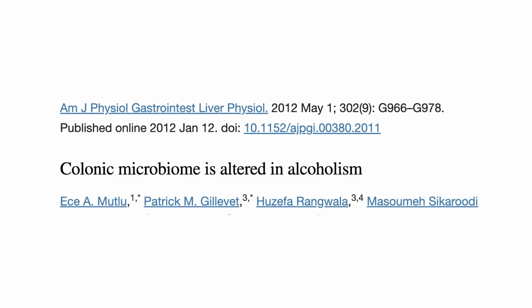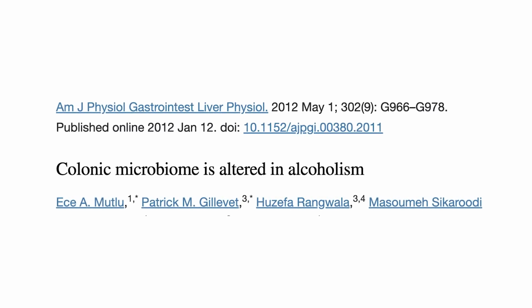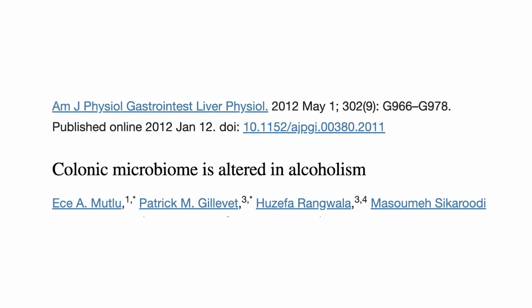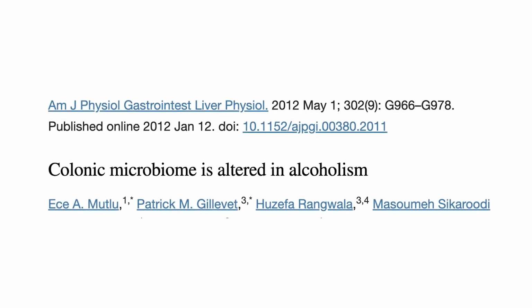Now, if you're wondering about another reason why this could be, we're going to get even deeper here. This could be the impact that it's having on our microbiome. A study cited in the American Journal of Physiology found that microbiome dysbiosis is significantly more prevalent in heavy alcohol drinkers. The researchers discovered that heavy alcohol drinkers have substantially lower levels of metabolism-supportive Bacteroidetes and much higher levels of pathogenic bacteria.